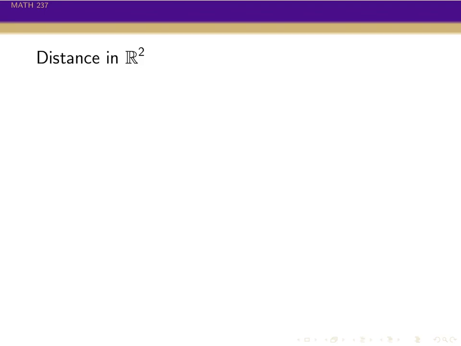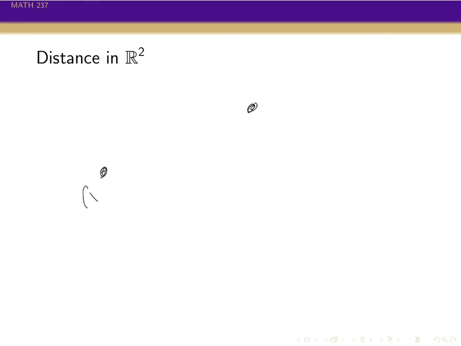Okay, one of the most important bits of geometry, especially when we're trying to do calculus, is knowing exactly how to calculate distance. So let's start off in R2. You know well how to do distance in R2.